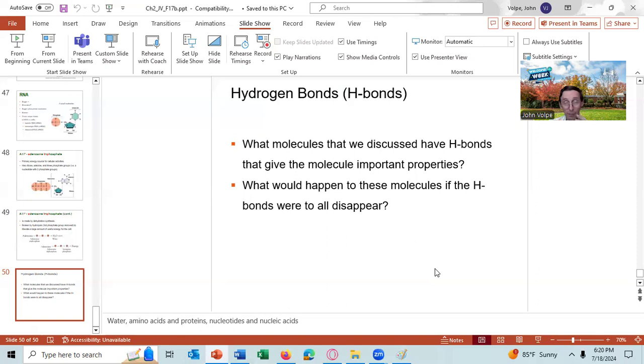And that's true of all the molecules we talked about. We just didn't talk about it much with the other molecules. But the important part is that all of these molecules have important properties because of the hydrogen bonds. And what would happen to these molecules if all the hydrogen bonds were to disappear? What would happen to 2 strands of DNA?